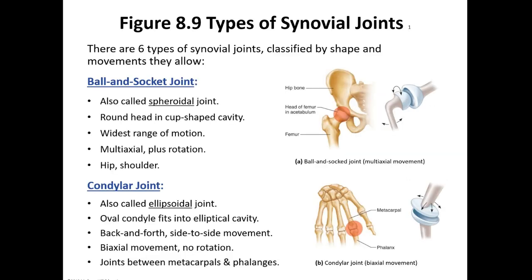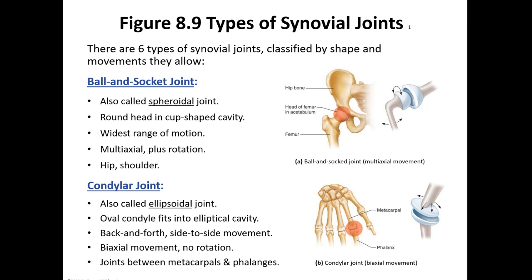Now, synovial joints come in six types. Among the six types, we have the one called ball and socket. The reason for the name is that the head of the bone at this joint is round and fits into an opening inside another bone.